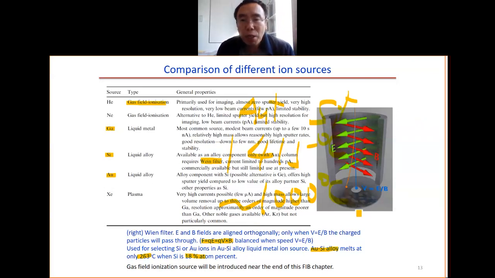But actually here we don't use electrons, we have ions. The idea is similar. When the two forces are equal with opposite directions, it will go through directly. This is the condition: when the speed is given by E over B, it will go straight. Otherwise, it will be deflected. When it goes straight, it goes through this aperture and gets selected.